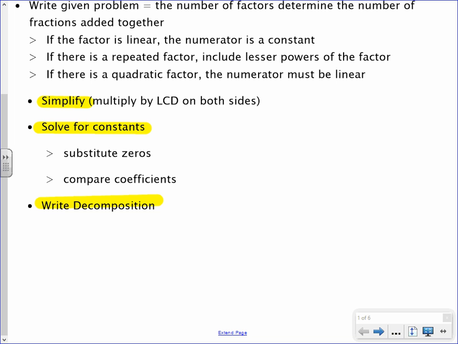Once you solve for A, B, C, D, E, F, G, etc., hopefully it's not that many, then we can actually write out the decomposition. So from what you have written, we're going to solve for the A and B and other letters, and then rewrite it, so you have a number over a denominator instead of a letter over a denominator.